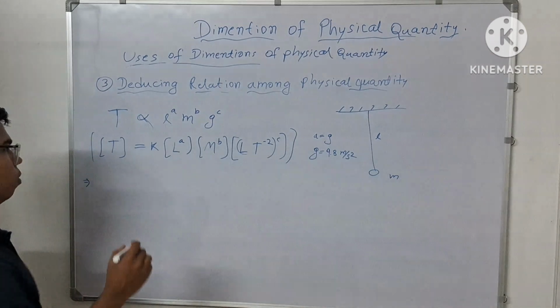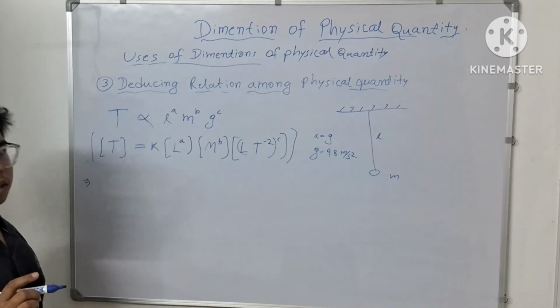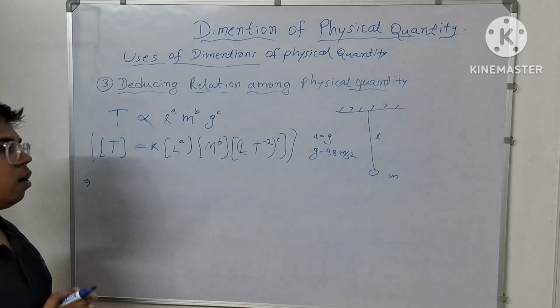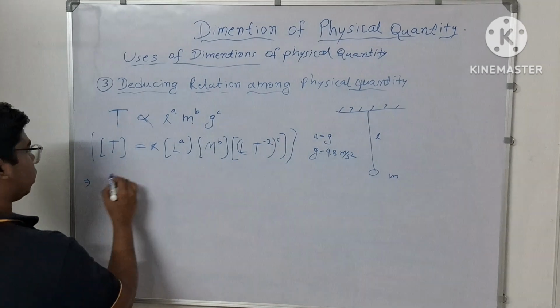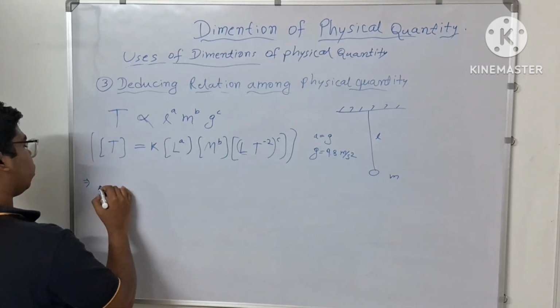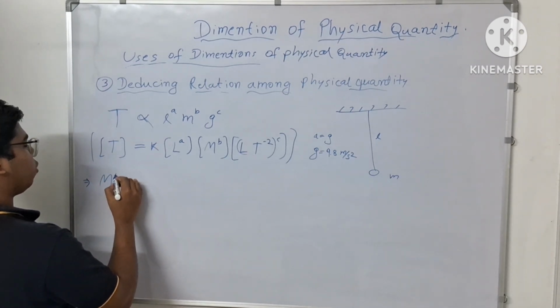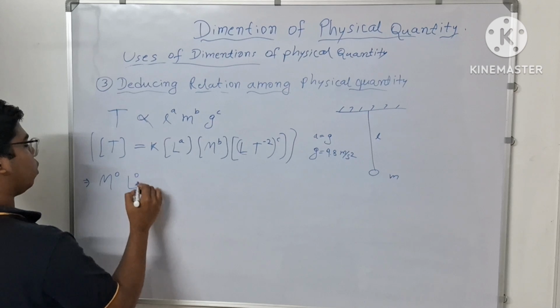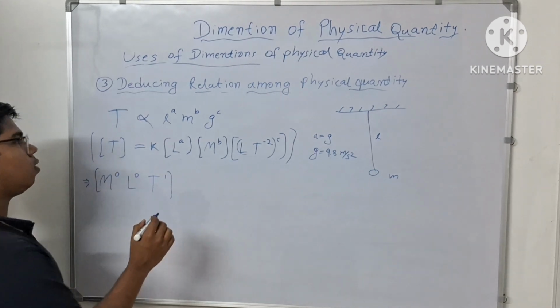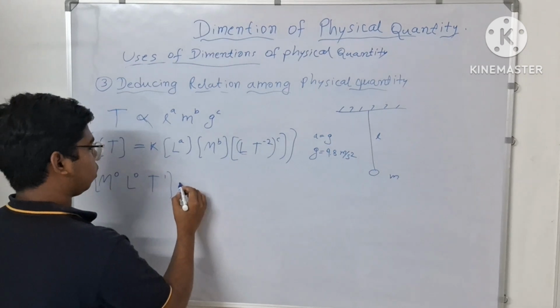Again we saw that when there is only one base quantity, it means the other base quantities' power or dimension is 0. Here, length and mass are also present. So on the left hand side, mass power is 0, length power is 0, time power is 1. This is the full dimension of the time period.